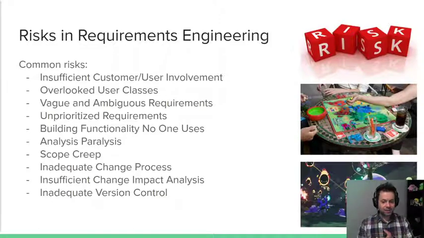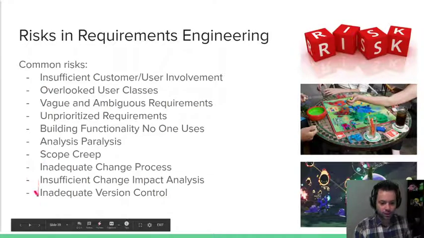So analysis paralysis is a term where you spend way too much time analyzing your requirements or analyzing modules or something of that nature, and you get paralyzed in doing that. This is one of those buzzwordy terms which drives me a little bit bonkers, but it's a great description. You spend so much time thinking about it that you don't have any time left to implement. It's a real world problem.